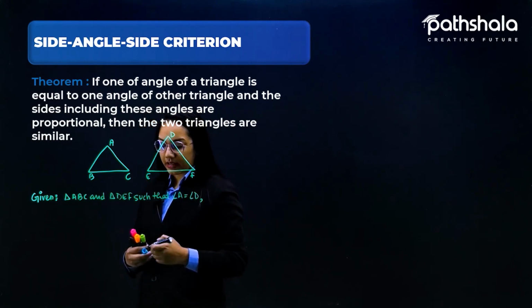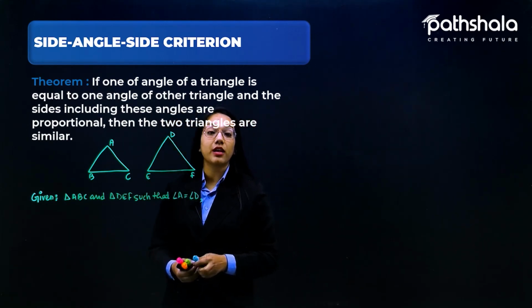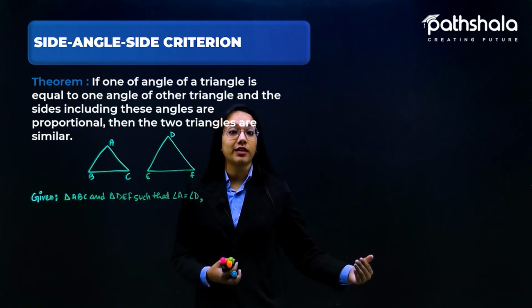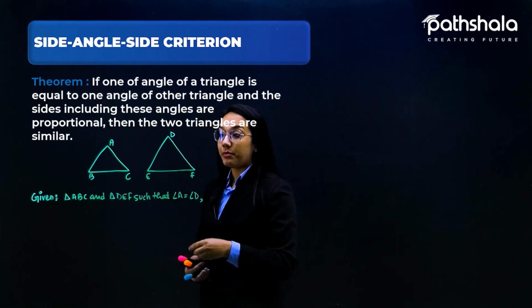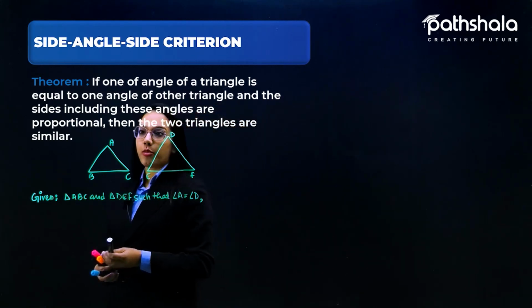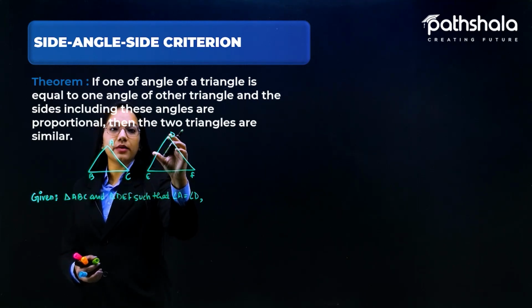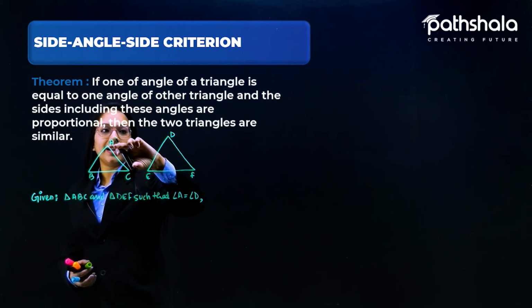So why am I writing angle A is equal to angle D? Because it is already given to us in the question that if one angle of the triangle is equal to one angle of another triangle and the sides including these angles are proportional, so if we are talking about the angle A and the angle D, the sides that include these angles are AB and DE, and AC and DF.